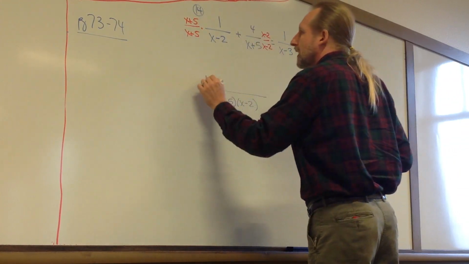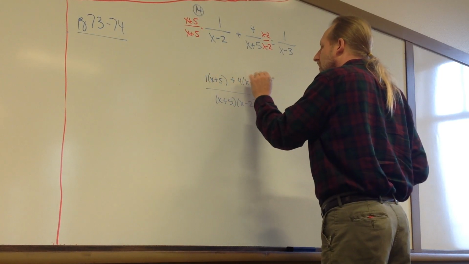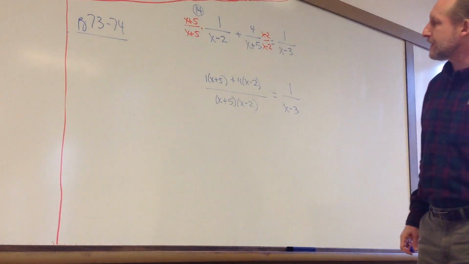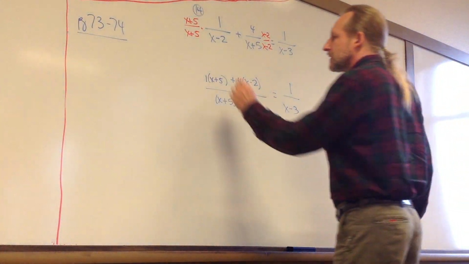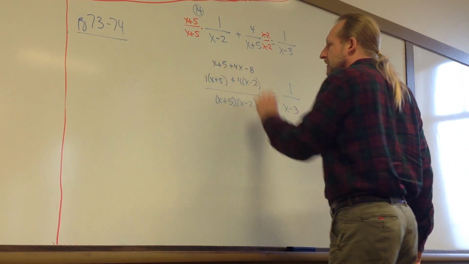Up on top, we get 1 times x plus 5 plus 4 times x minus 2. And so let's see, what is this going to be? x plus 5 plus 4x minus 8.